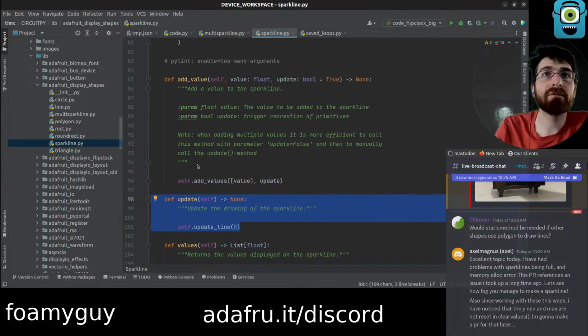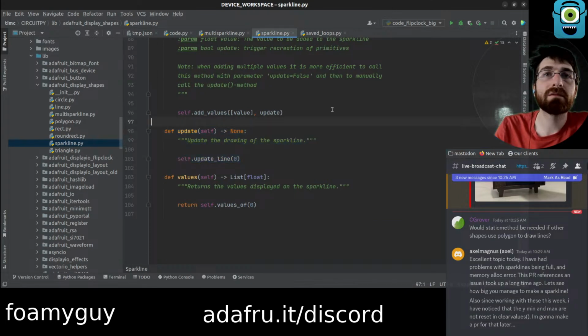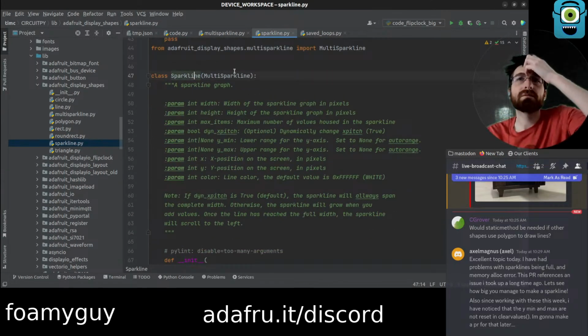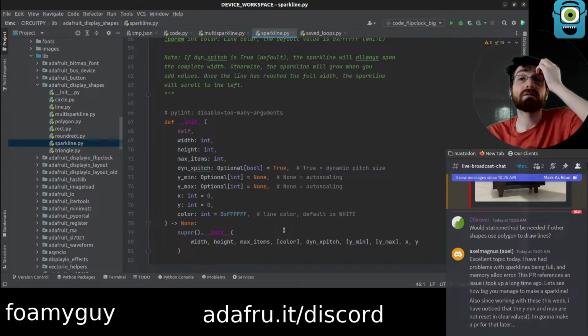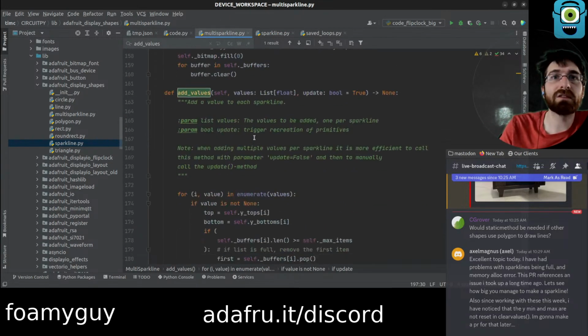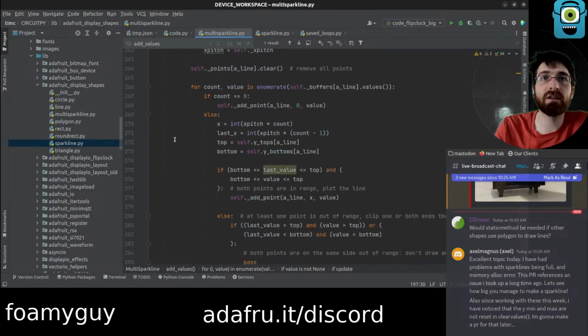Just found it. How did we not see this before? I guess this can't find it because it doesn't know that it's a spark line and not a multi-spark line when it's inside of here, and multi-spark line doesn't have update.